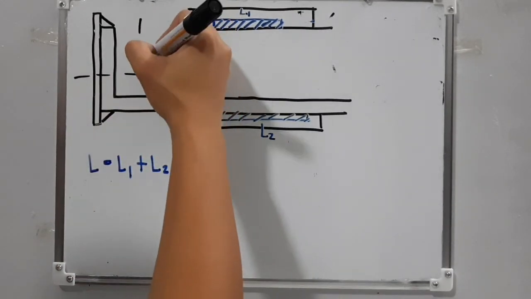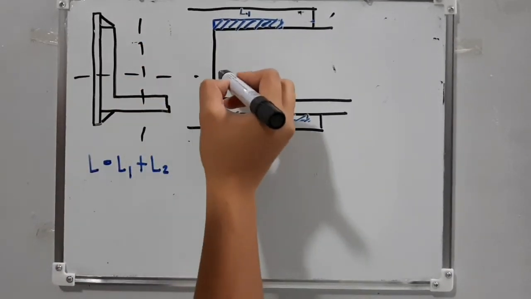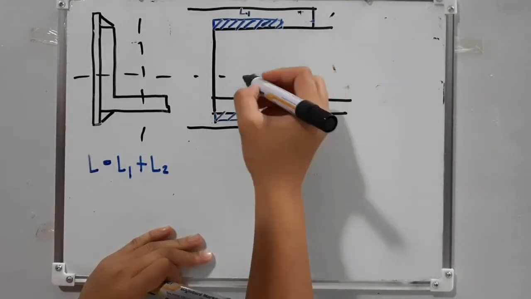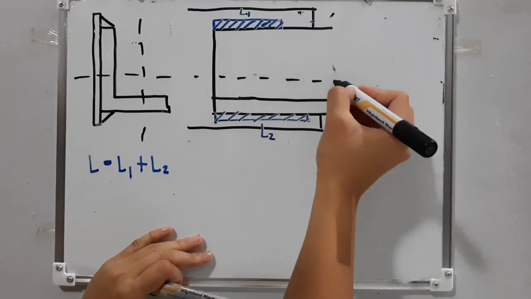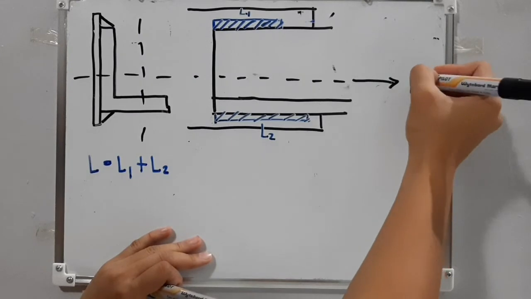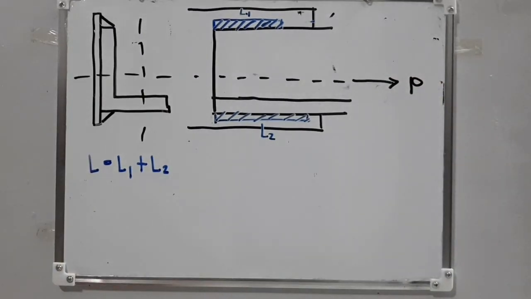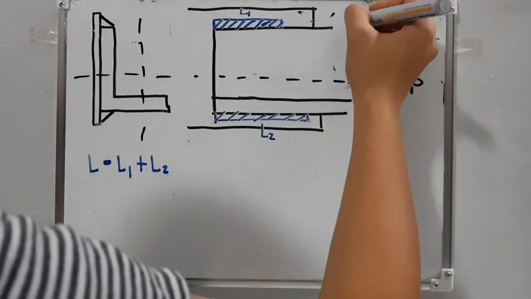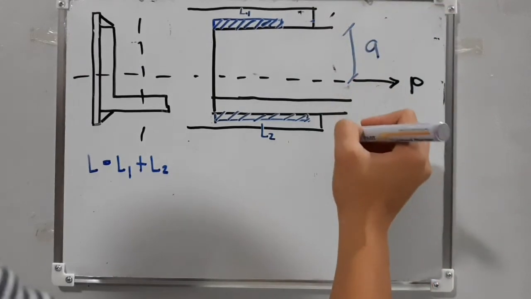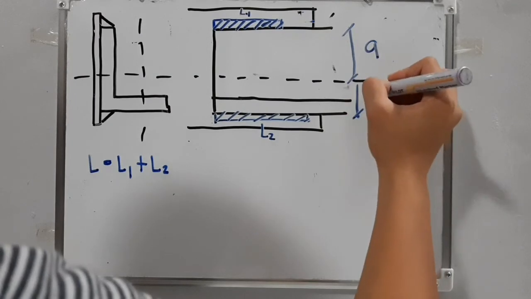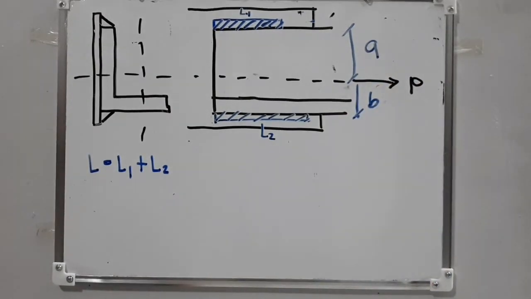For example, nandito yung neutral axis ng angle, or the center of gravity. So we can expect that your force P is applied here, actually loaded. And from the force, you have distance A from L1, and you have distance B from your L2.